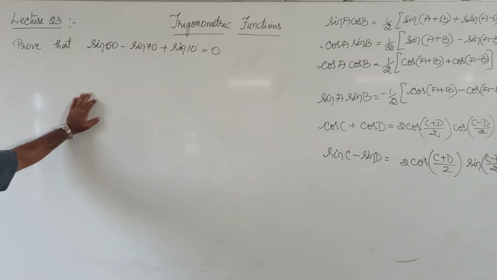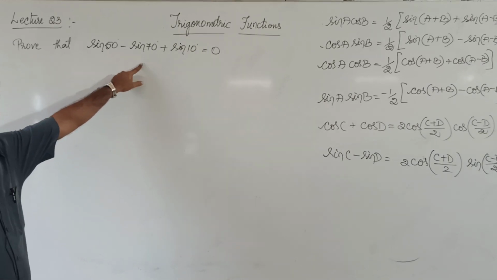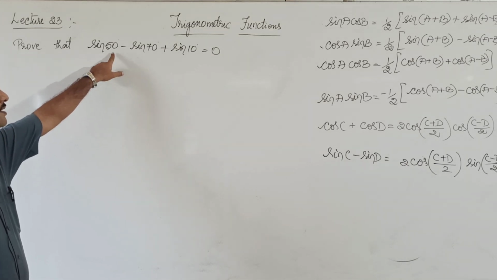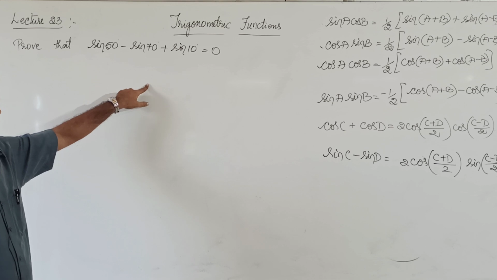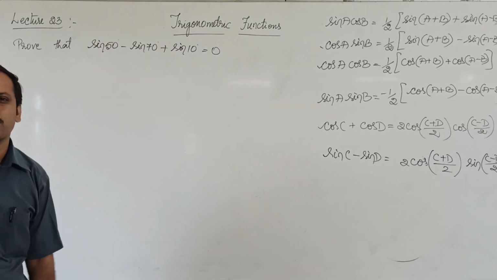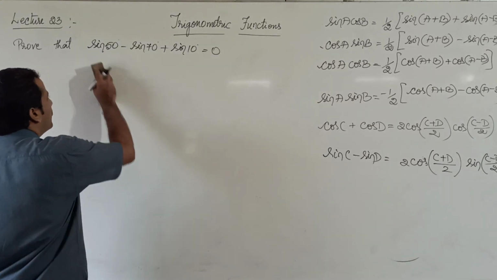So you will get 2 cos (C plus D)/2, 50 plus 70, 120 by 2, 2 cos 60 into sin (C minus D)/2, sin of minus 20 by 2, sin of minus 10. Sin of minus theta is equal to minus sin theta. This will become minus sin 10 degree and then you have plus sin 10 degree. Those two get cancelled and you will get the answer as 0. That's homework for you.